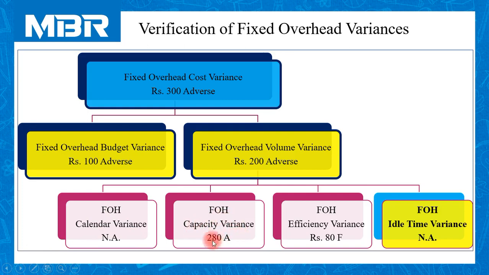Capacity 280 adverse, efficiency ₹80 favorable, and IT, it is also not possible as information is not given. So 280 adverse, 80 favorable equals 200 adverse. Fixed overhead budget 100 adverse, so 100 adverse budget plus 200 adverse volume equals fixed overhead cost variance 300 adverse. So in this way you can cross check your data.